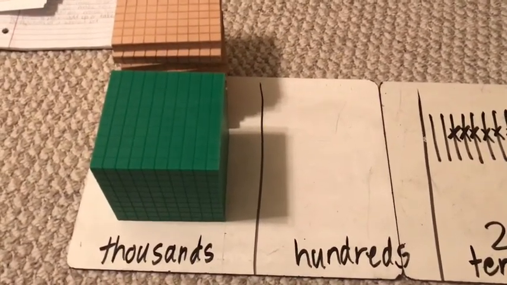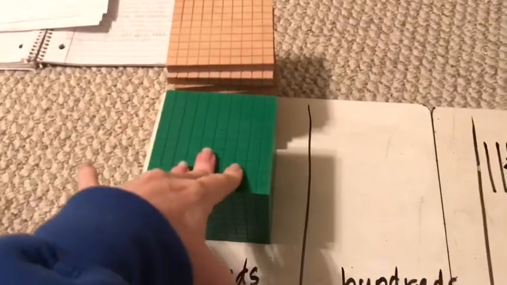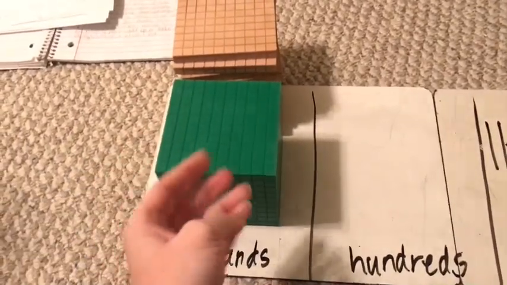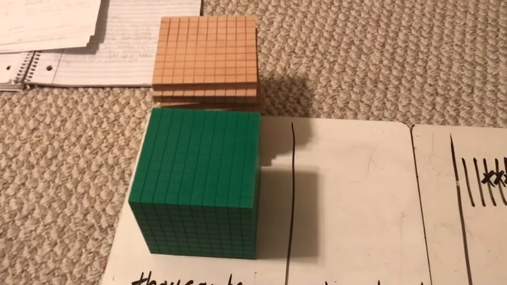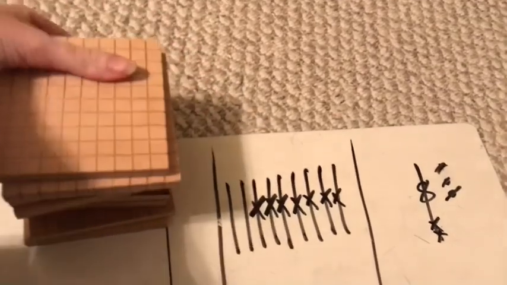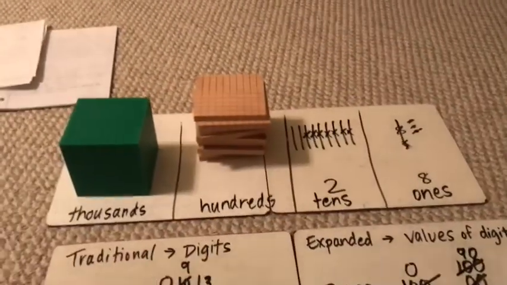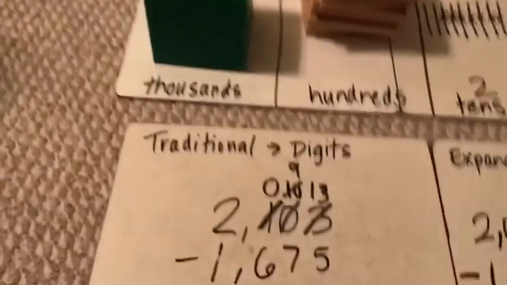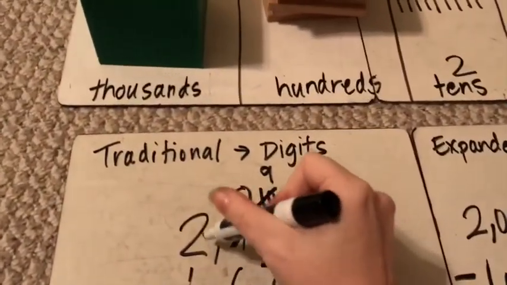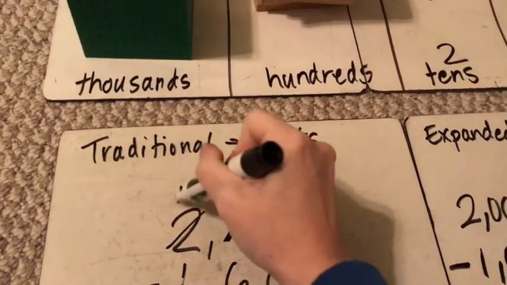Well, I know that there's hundreds inside of 1,000, but I can't just take part of the 1,000 away. I need to shift one of my thousands over to my hundreds. So when I shift one of my thousands over to my hundreds, I have 1,000 less. So instead of 2,000, I have 1,000.